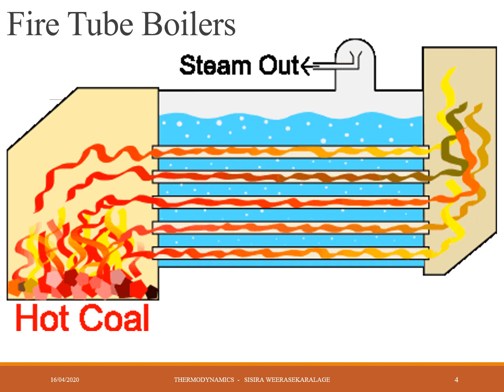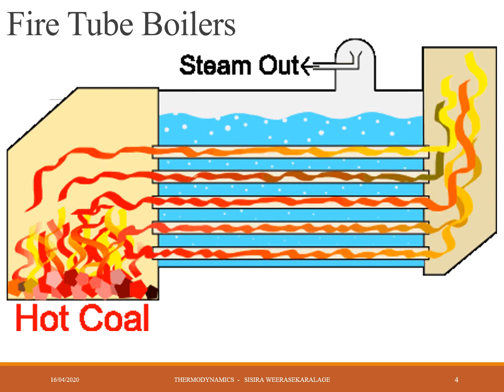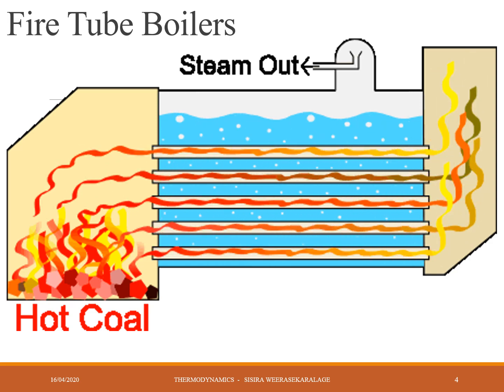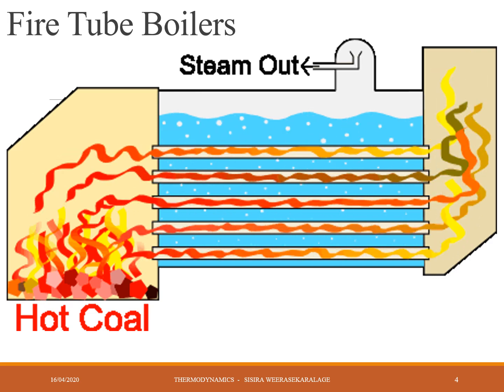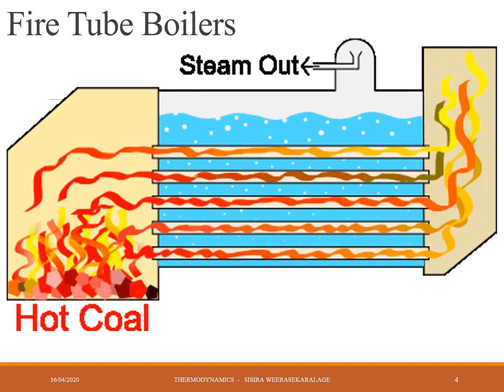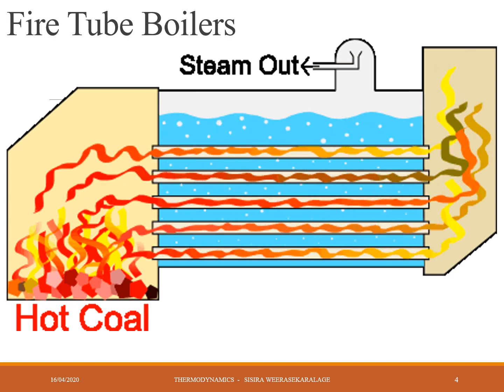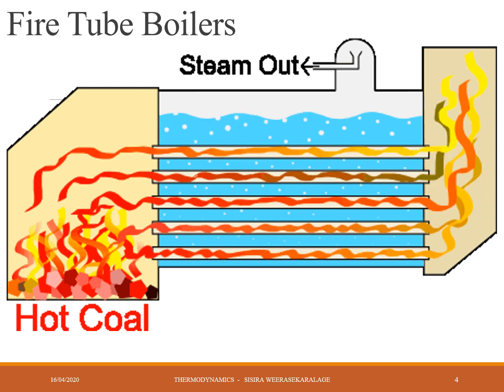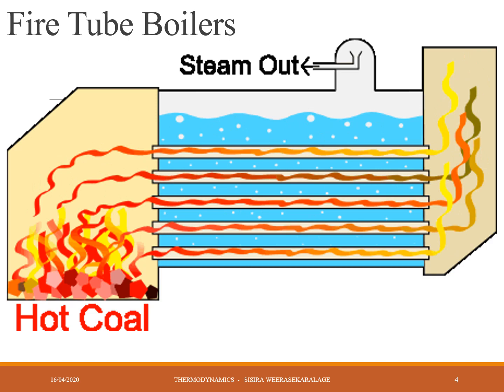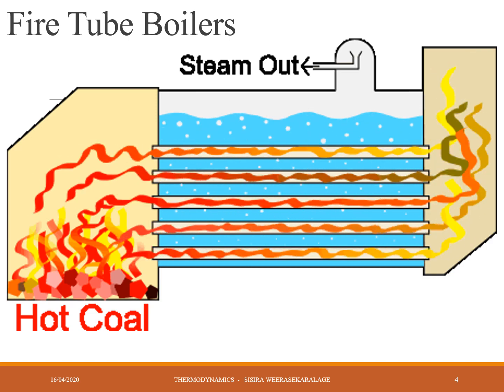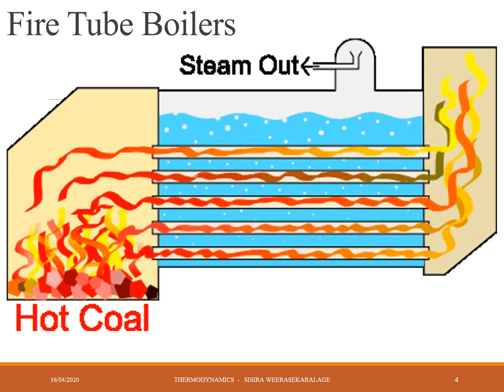It is a coal-fired single pass boiler because there is only a one-way, forward path for the flue gas, and it passes through fire tubes. So this is the type of boiler you can understand. This is the fire tube boiler. Okay.